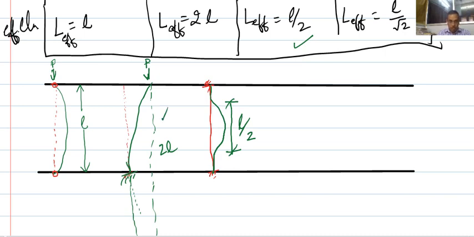Now, let us go to the next case. If I look at this case, one end is fixed and the other end is hinged, right.